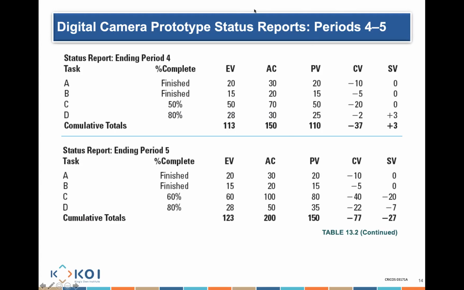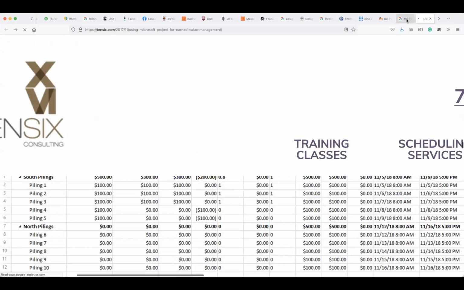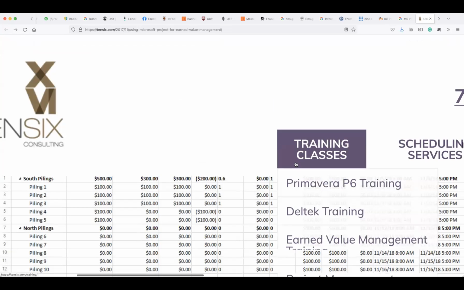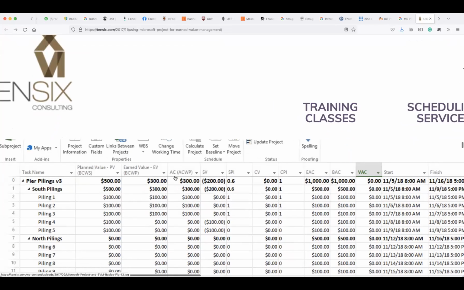As I showed you earlier, I showed you an example where, okay, you see this AC? Can you see it?